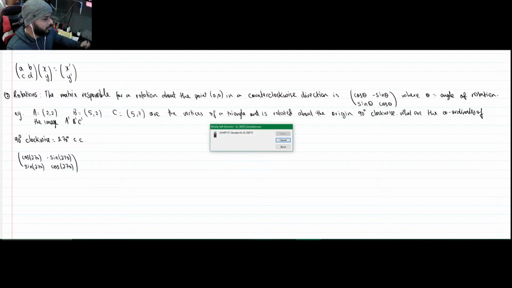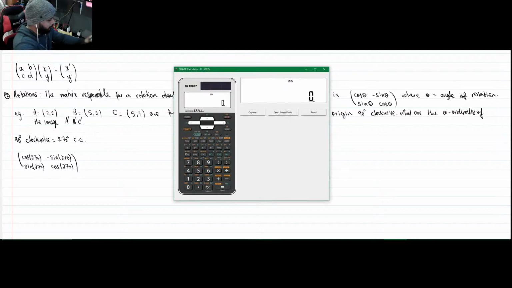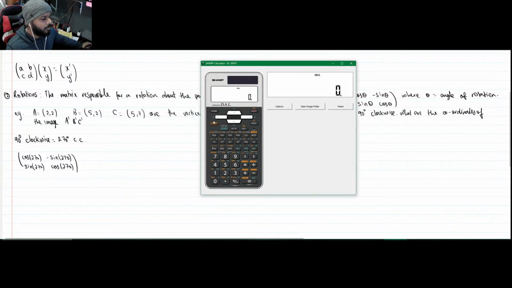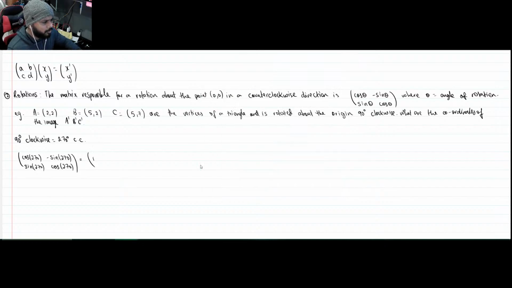So let me just load up the calculator here. What is cosine of 270? Remember, your calculator has to be in degrees. Cosine of 270 is 0. So the first entry in my matrix will be 0.